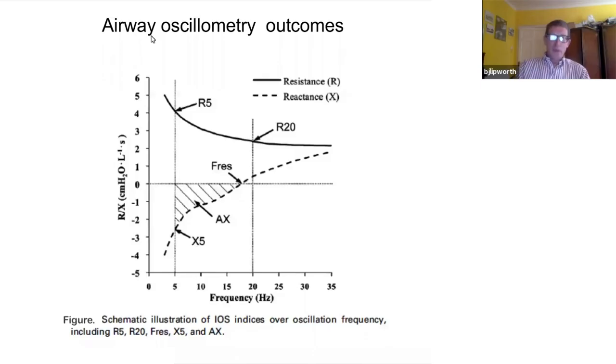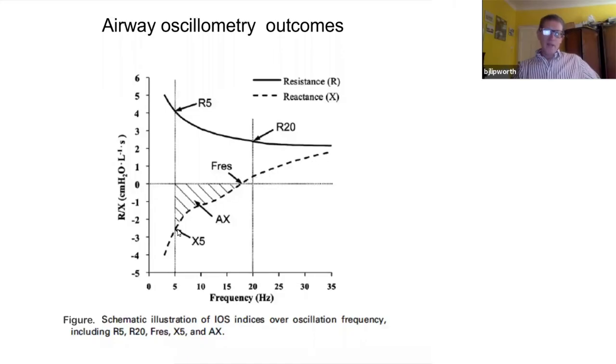So if you subtract total air resistance R5 minus central air resistance R20, you get the R5 minus R20. Total minus central is the peripheral airway resistance. So keep that in mind. The R5 minus R20 is something you're going to see through the rest of the talk, which is total minus central resistance, peripheral airway resistance.